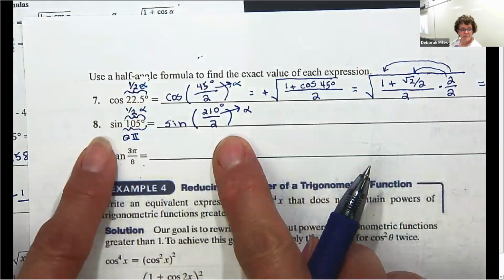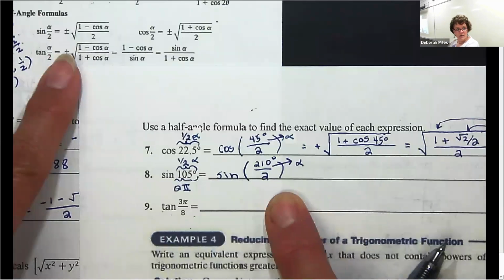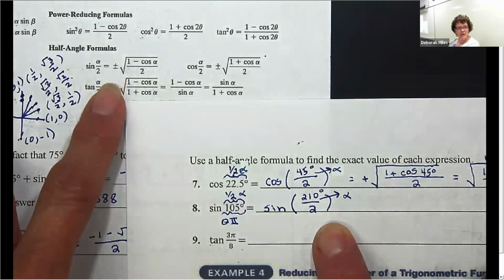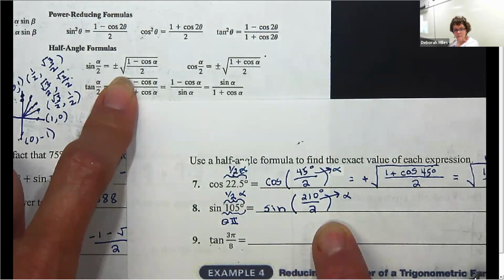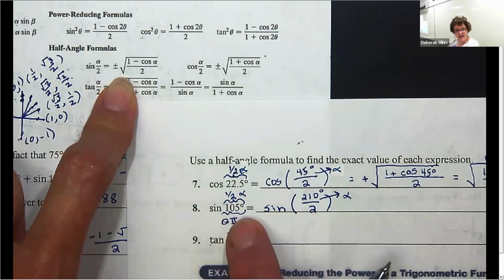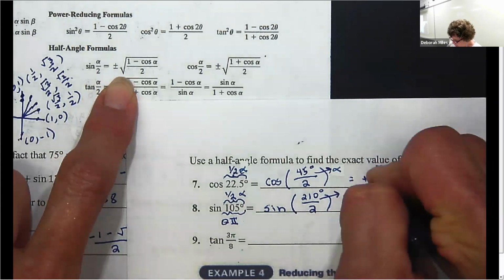So when I use the half angle formula for sine right here, am I going to use the positive or negative square root? I'm looking for sine of 105 degrees, which is in the second quadrant. And in the second quadrant, sine is positive.